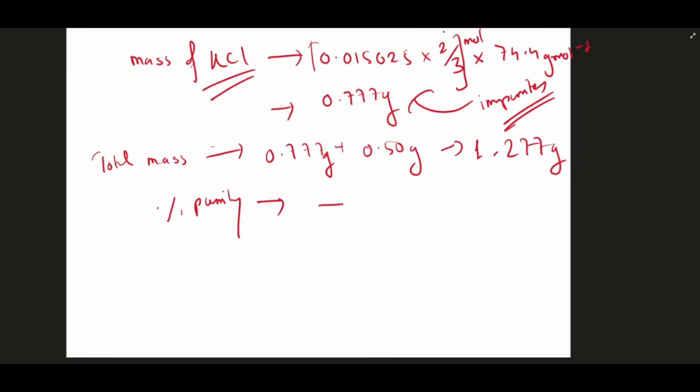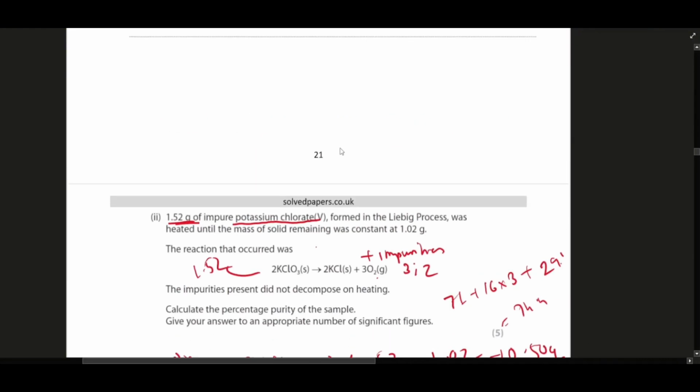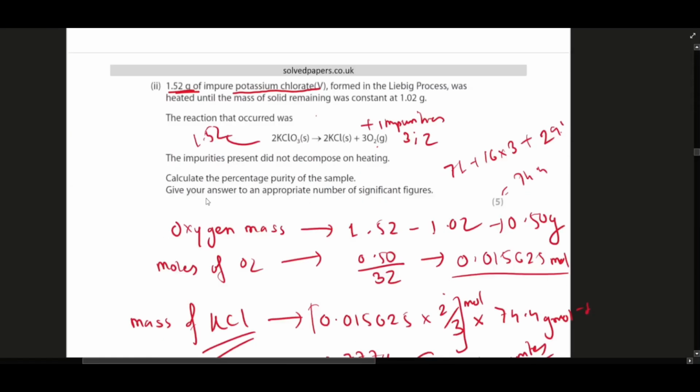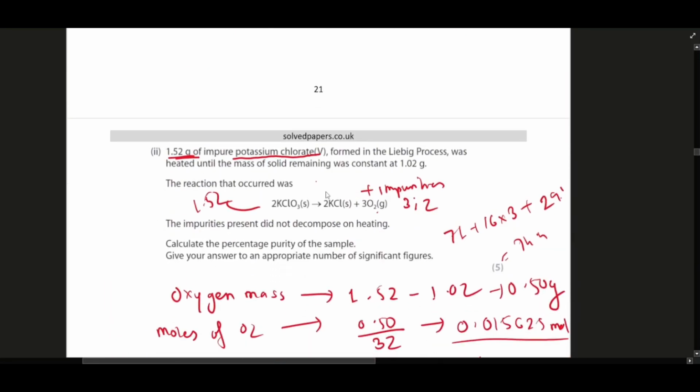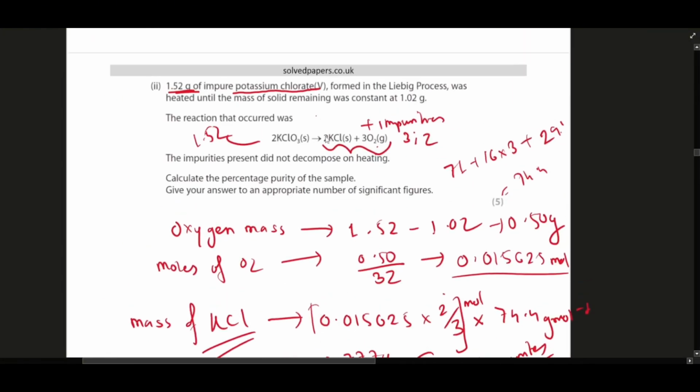The percentage purity: our total impure sample was 1.52 gram. Out of this 1.52 gram, the only pure things were these two down here. Forget the impurities; you can't remove them.